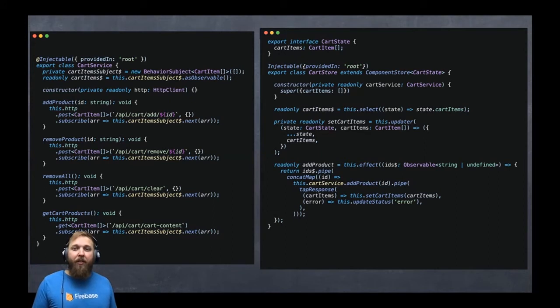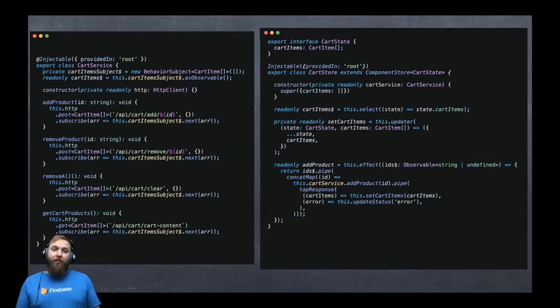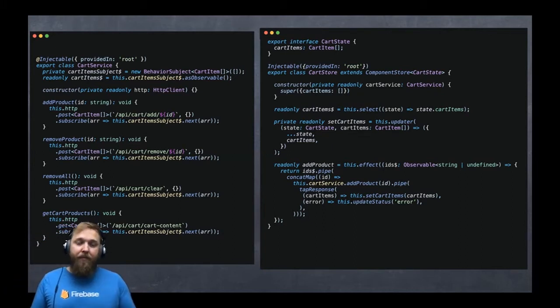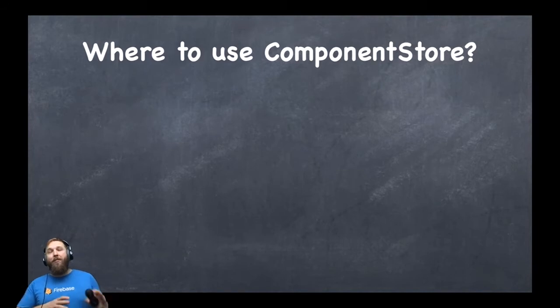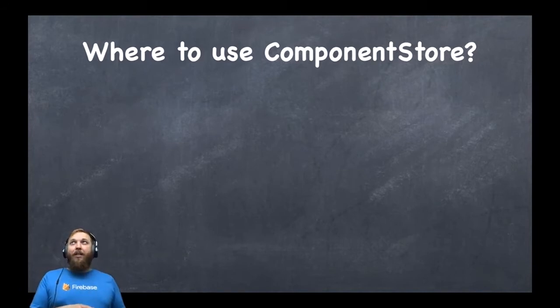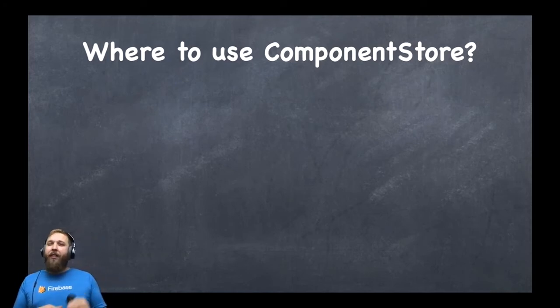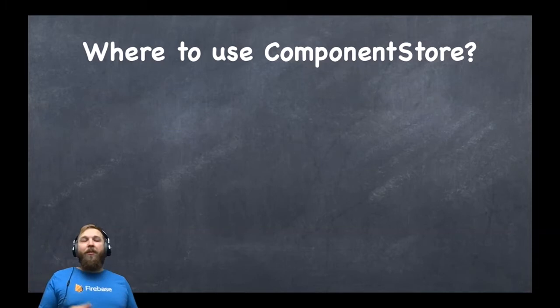This is a replacement for it, the cart store that would be handling all of that state for you. All right, so that was how we can replace our services with behavior subject with something that's better suited to handle the race conditions and is actually very performant for all the state management cases.